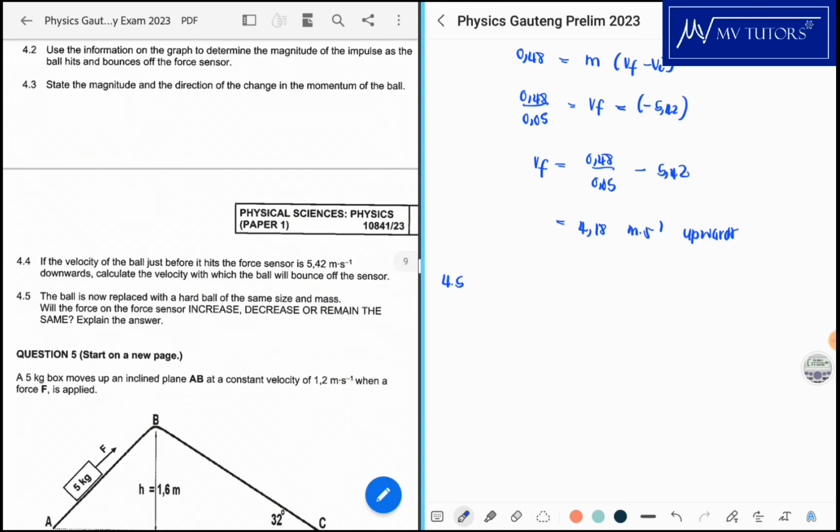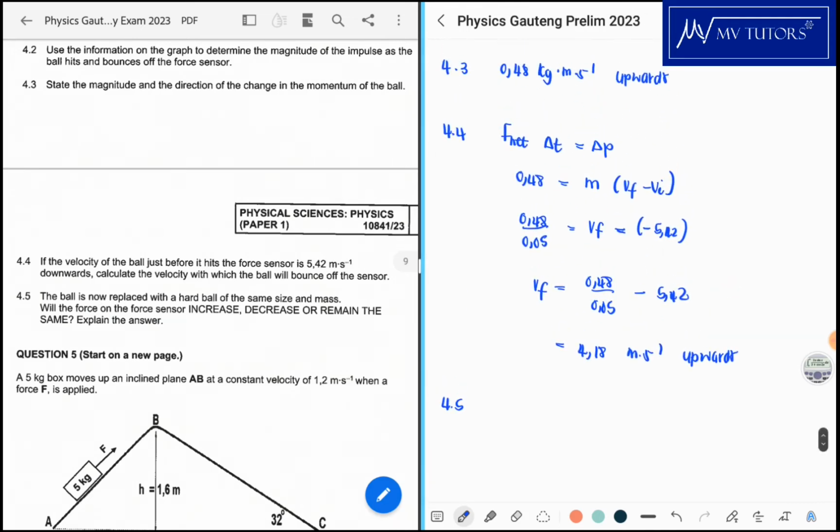Okay, what do you think? We're asking, will the force on the force sensor, all right, so let's think about it. What happens to the change in momentum? The change in momentum, will it be affected? Or will it just stay the same?